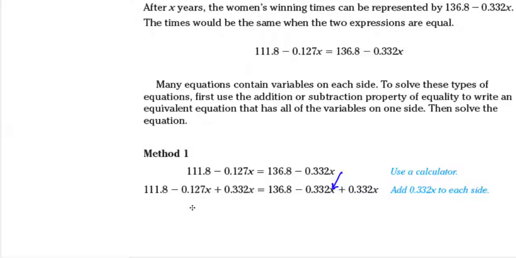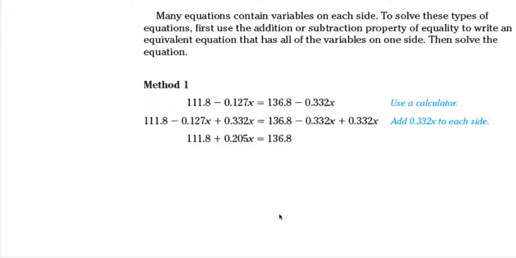So now you have 111.8 plus 0.205x, which is the result of negative 0.127x plus 0.332x, and then we simply bring down 136.8. Now the variable is on the left side only, and we can solve for it.